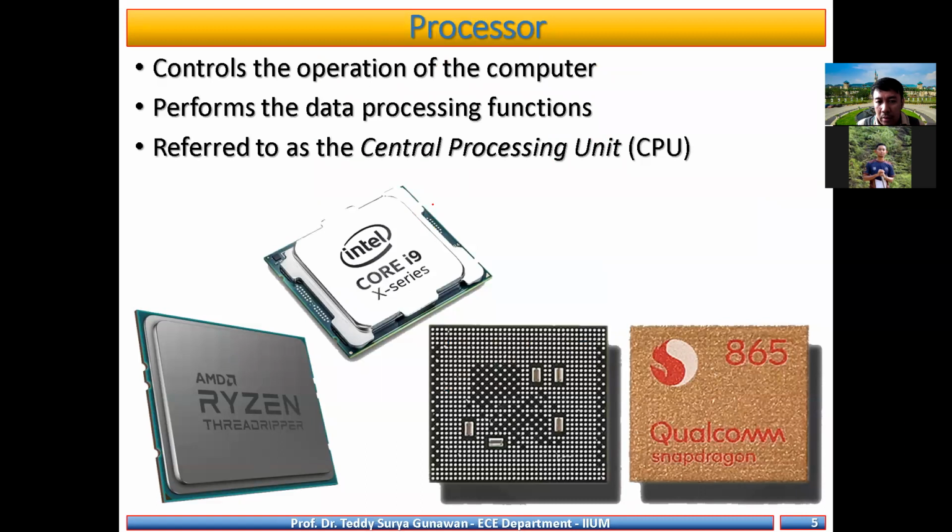The processor is referred to as the CPU, which performs data processing functions. Now we have, I think, 888, if I'm not mistaken, or 898, and this is Core i9. You have other things, from Zen maybe Threadripper and so on. So the processor keeps evolving.